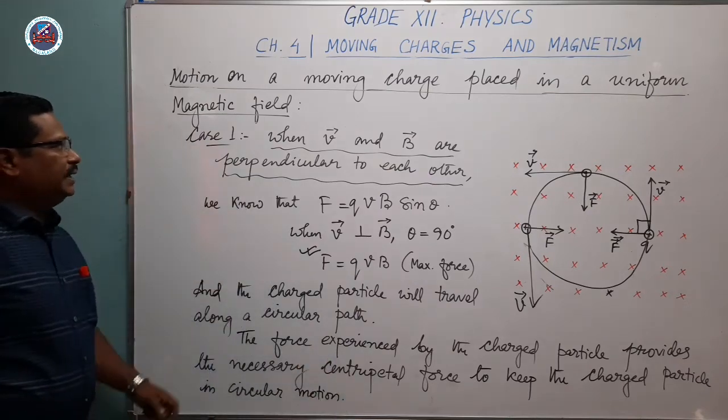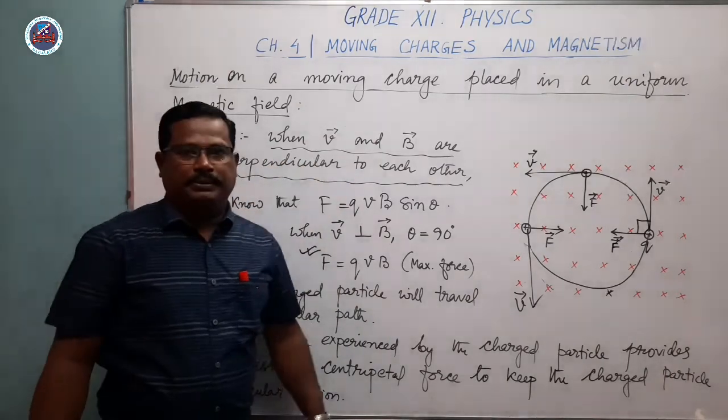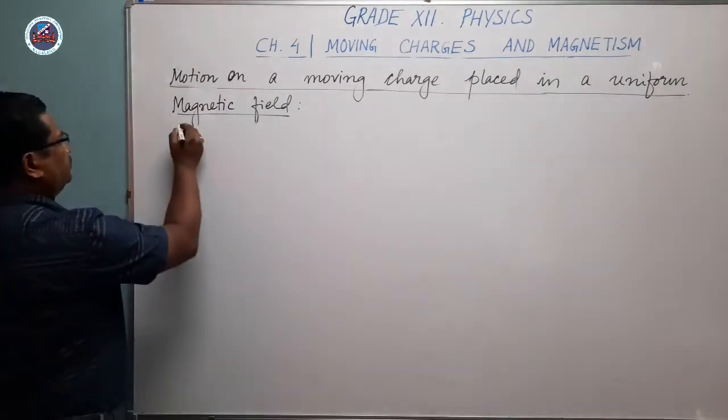Now let us see the second case. When V and B are not perpendicular, then what will happen? Let us see the second case.